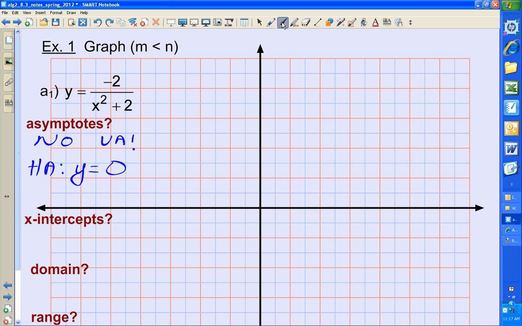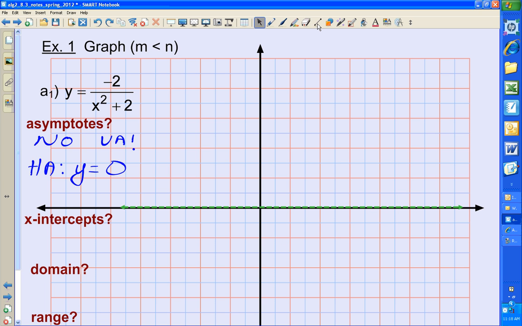Okay? So I usually throw the asymptote on the graph right away because visual is sometimes good. You mean y equals 0? The way Hannah did it, she wrote down in her notes that when the degree of the top is smaller than the degree on the bottom, that automatically y equals 0 is the horizontal asymptote. Okay?